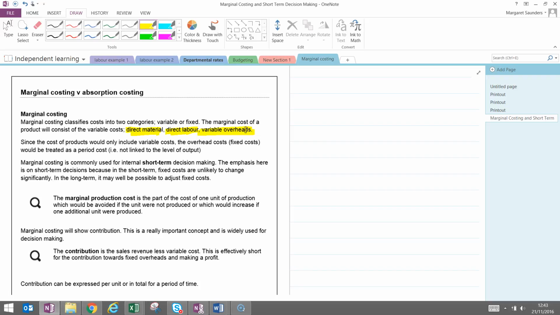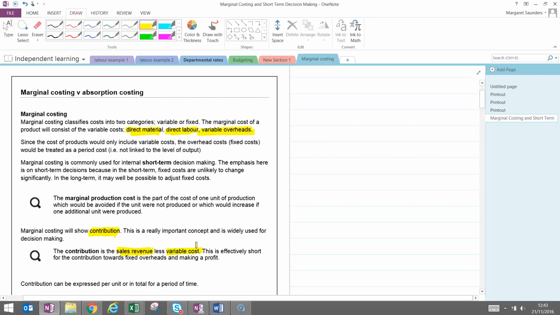Another term that you need to be familiar with in marginal costing is the term contribution. Contribution is the difference between the sales revenue and the variable cost.